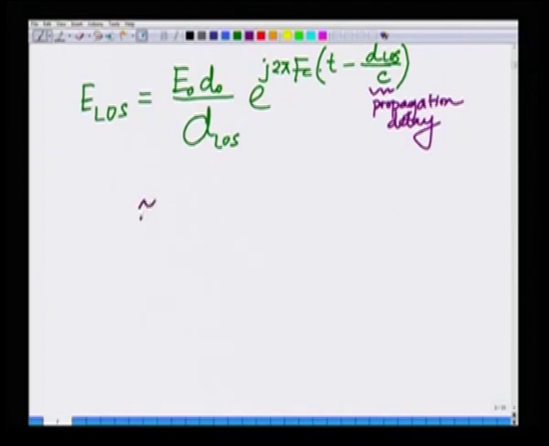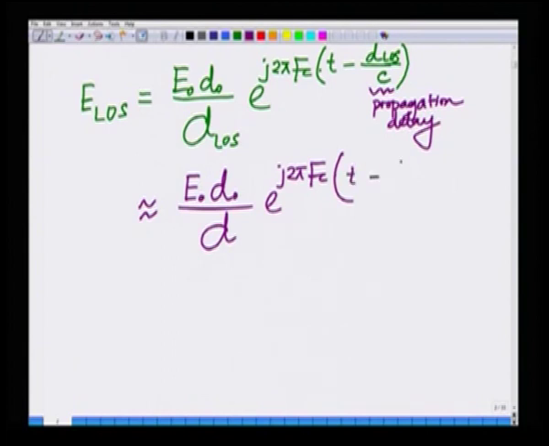And what I will do is approximate dLOS by D for the signal strength component, and I am going to simply write this as E naught D naught by D e to the power of j 2 pi f c t minus dLOS by C.